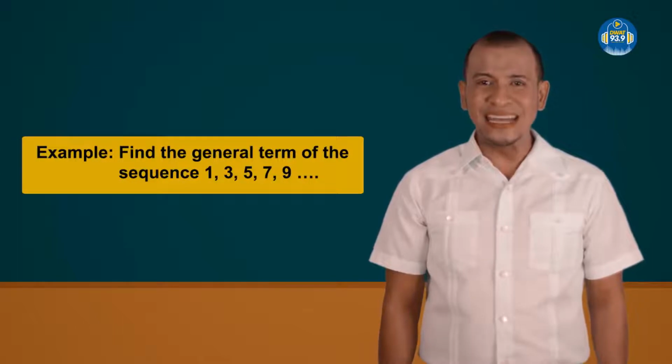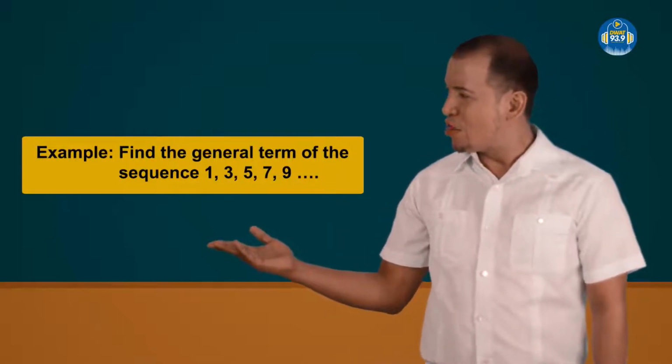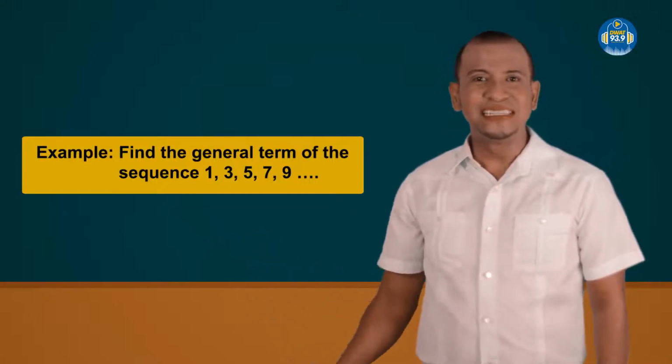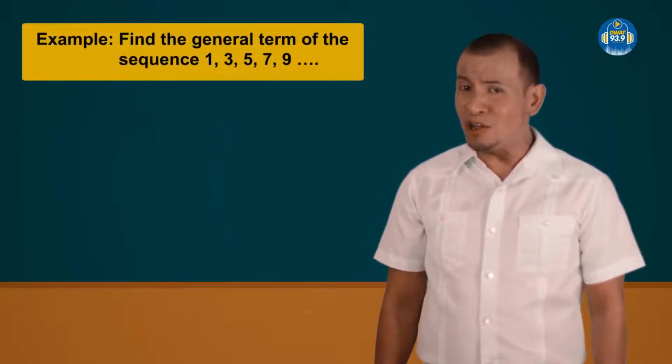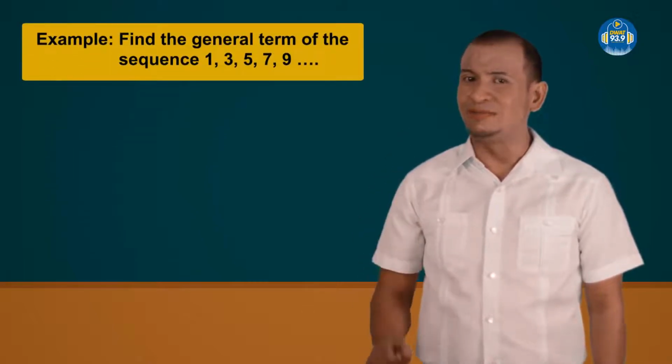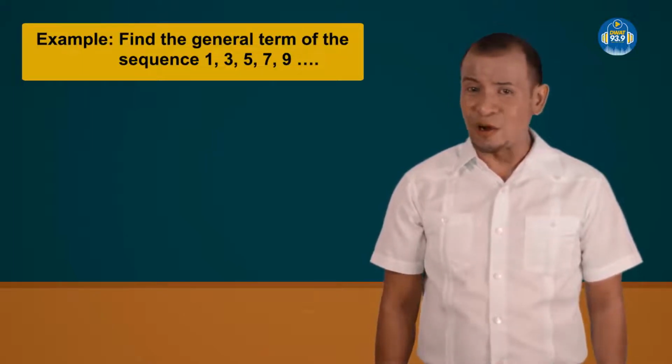Let's take another example. Find the general term of the sequence 1, 3, 5, 7, 9, and so on. What do you think is the general term? So what's your answer?